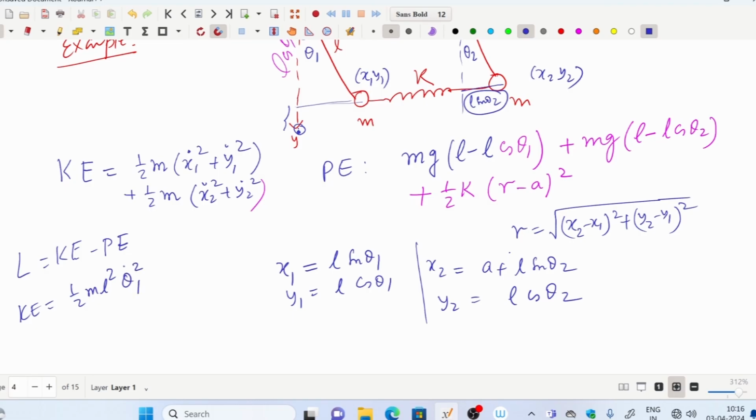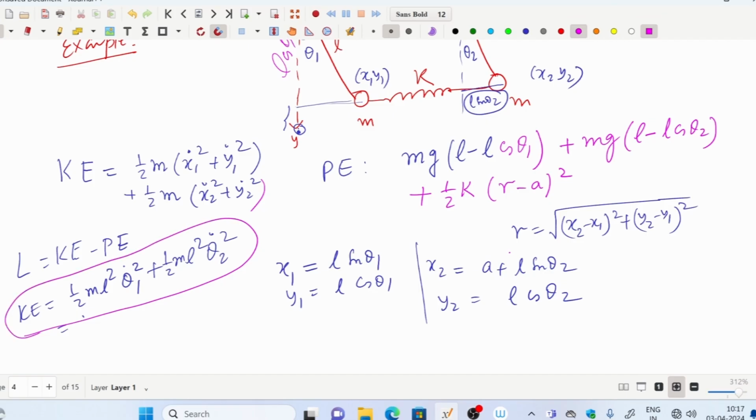Similarly, the second term will be plus half m L square theta 2 dot square. So this kinetic energy term is simplified.